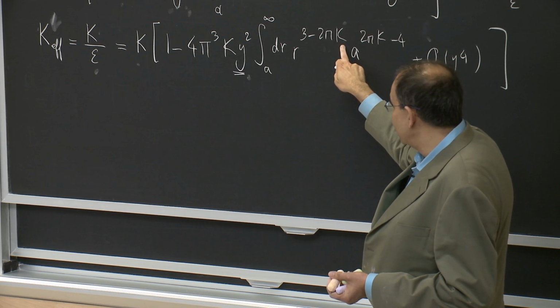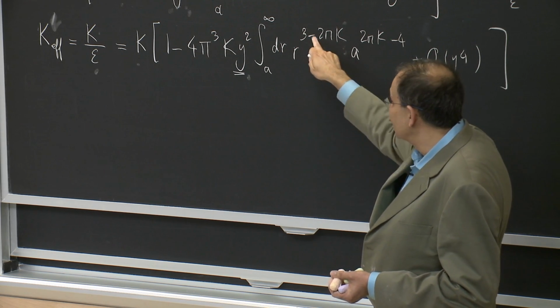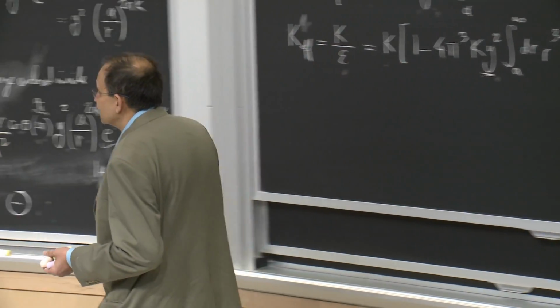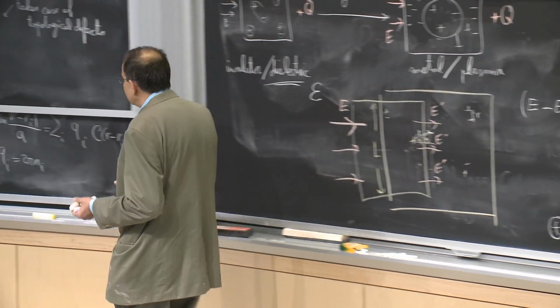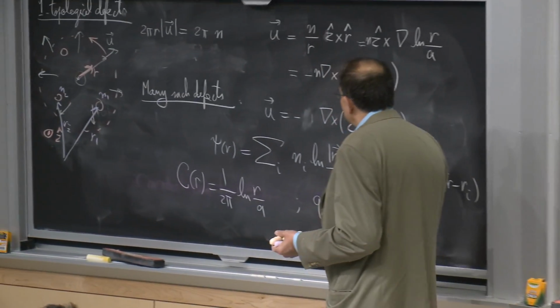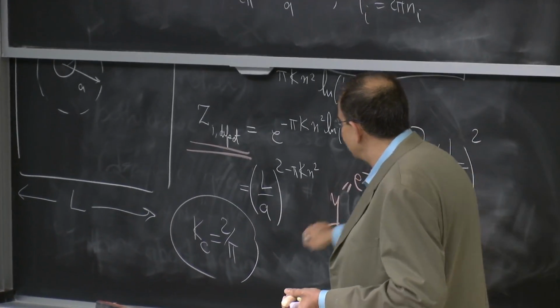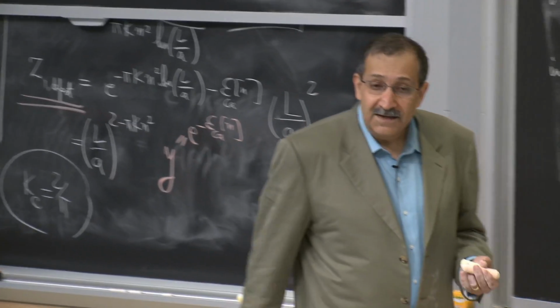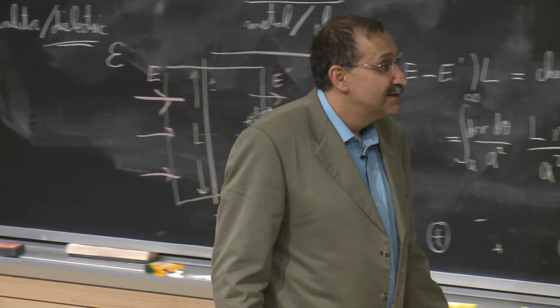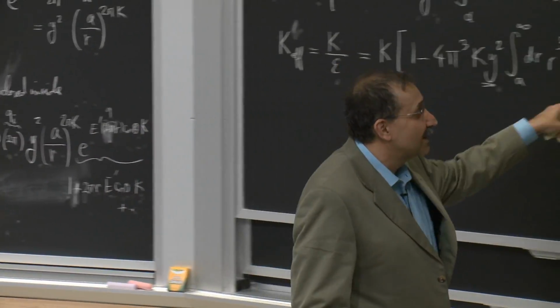So if k is less than 2 over pi, which incidentally is something that we saw earlier, if k is less than that, this integral diverges.